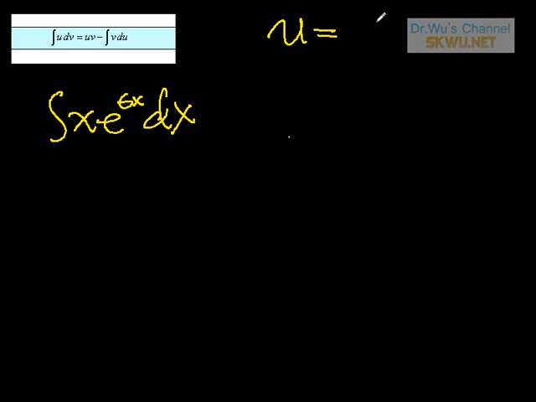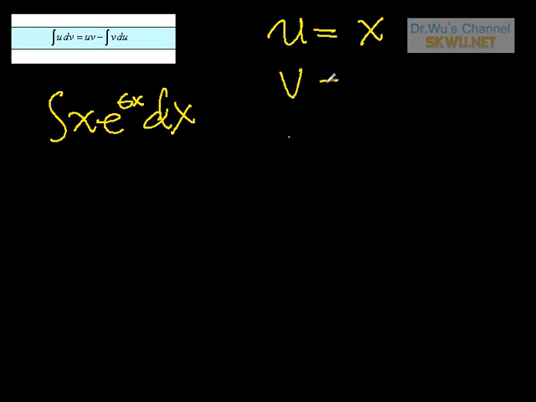So, assume I have a question like this: integrate x e to the power 6x dx. Well, in general, it is difficult to find the answer because it's complicated. But what we can do is assume u is equal to x.